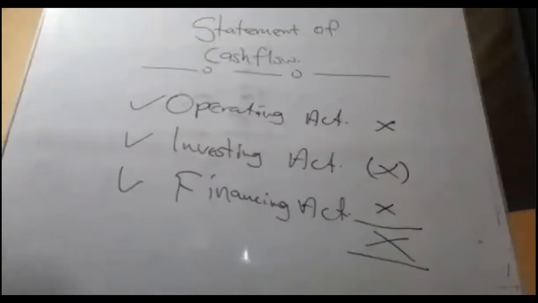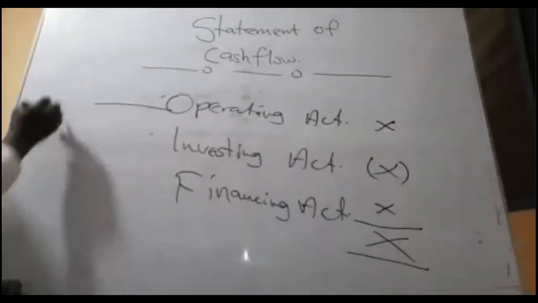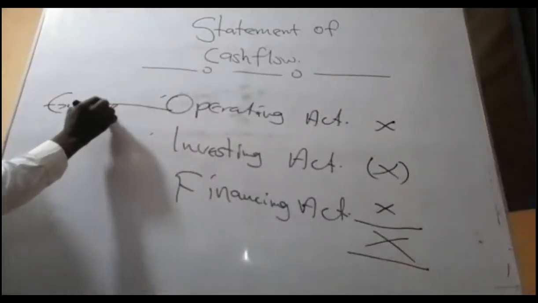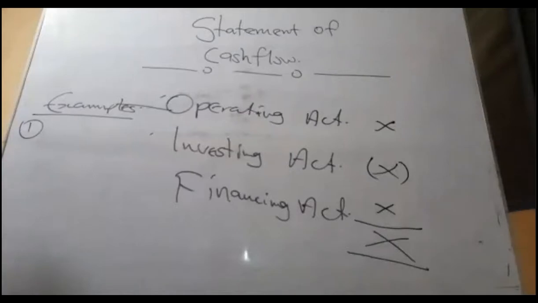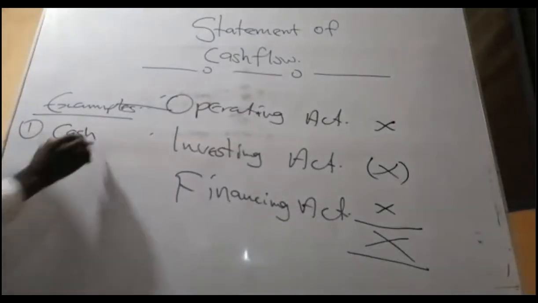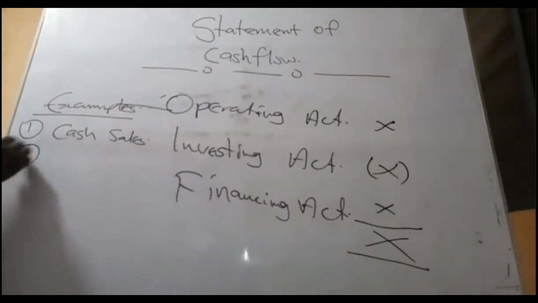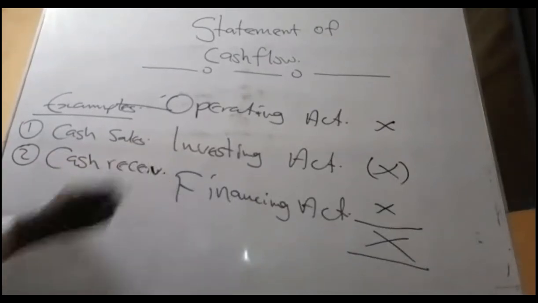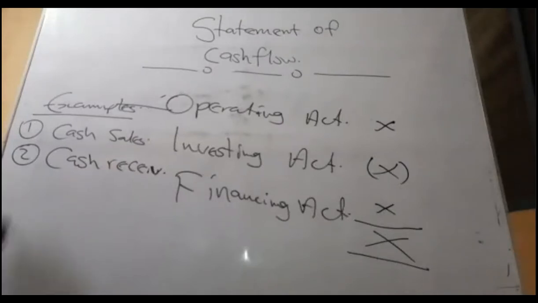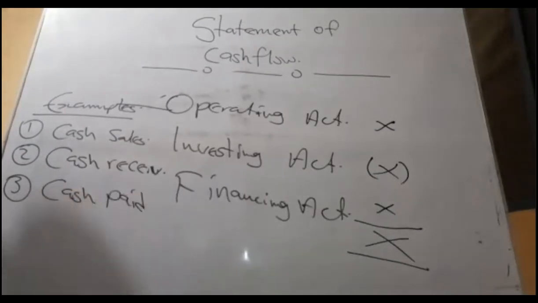We are done. Now, what are the examples? Let's give examples of cash flow from operating activity. Examples include one, cash sales. Two, cash received from customers. Then three, cash paid to suppliers.